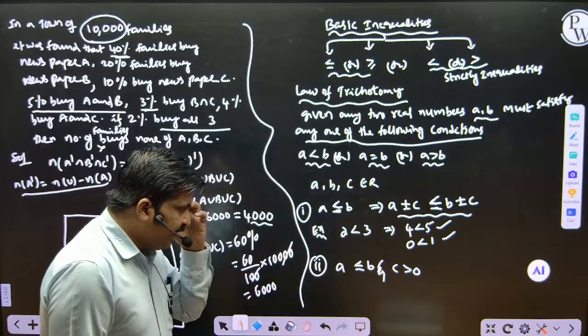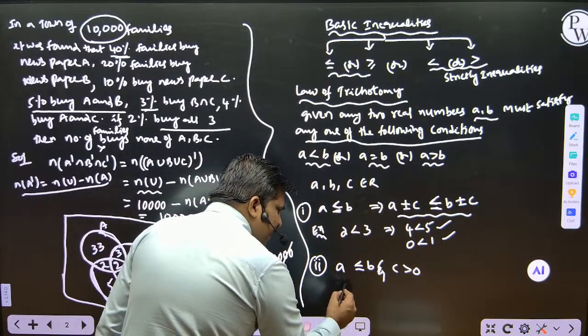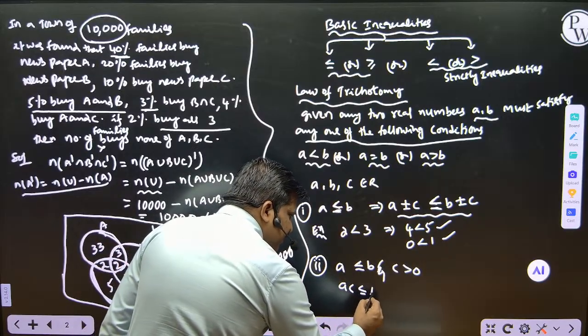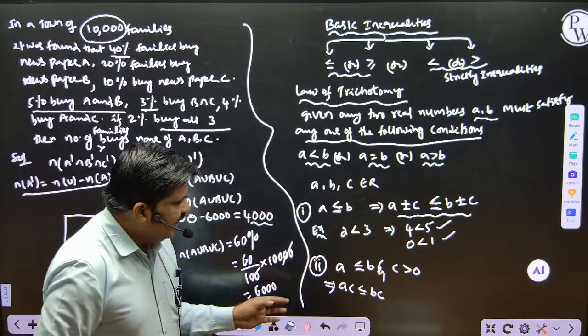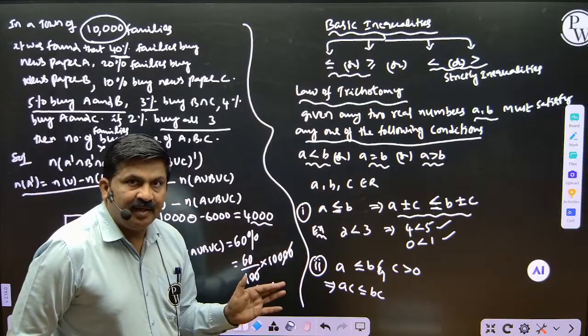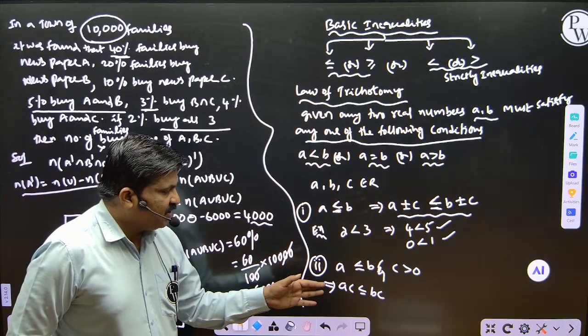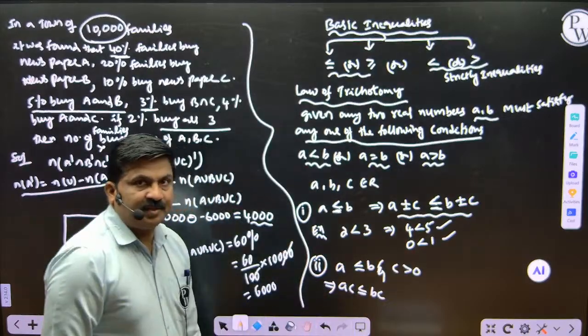So I multiply with the same positive number. When a less than or equal to b is multiplied by a positive constant on both sides, what happens? Inequality will not change.